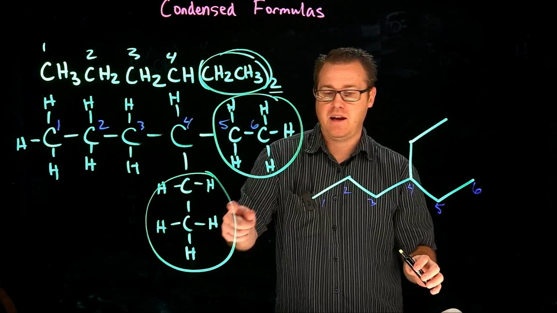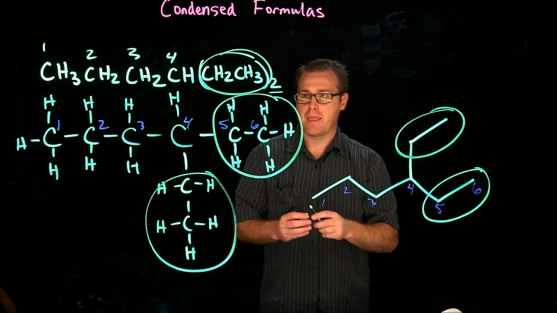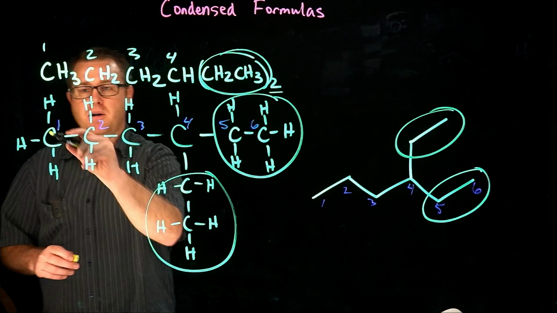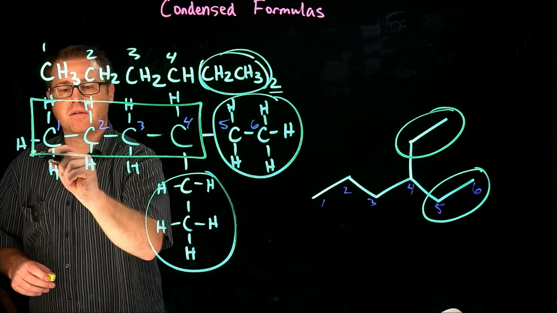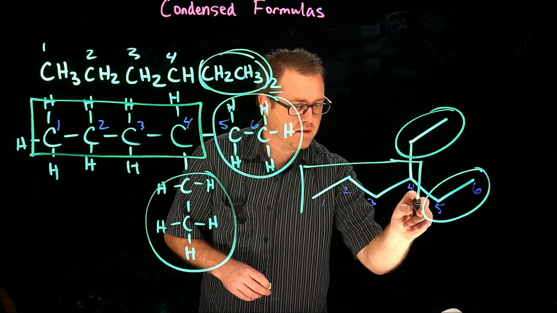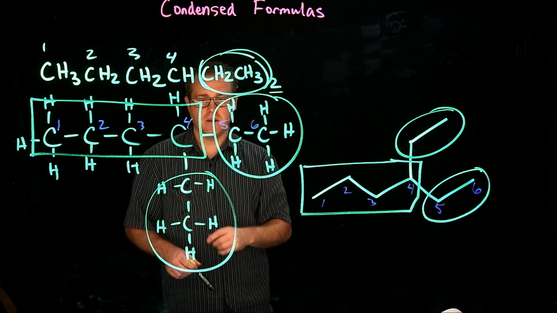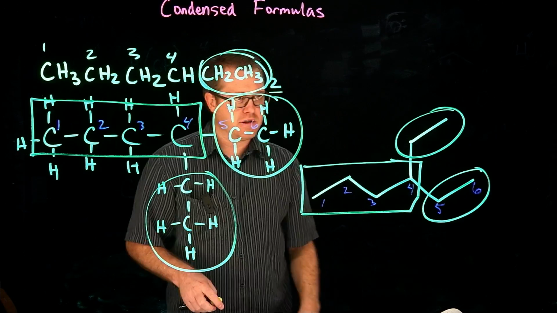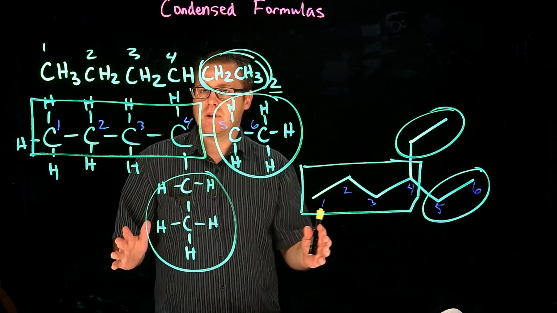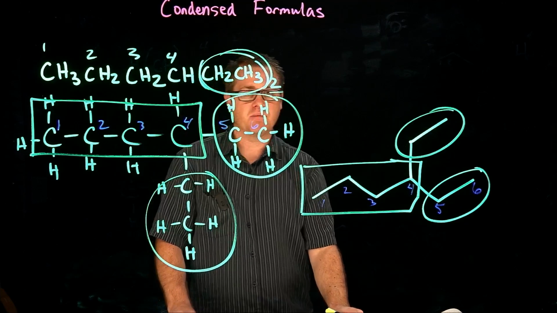And then on the zigzag, there are the 2 ethyl groups. And then this part right there is that part. So drawing zigzag structures, you just have to take it a little bit slow and make sure you have all the pieces connected properly.